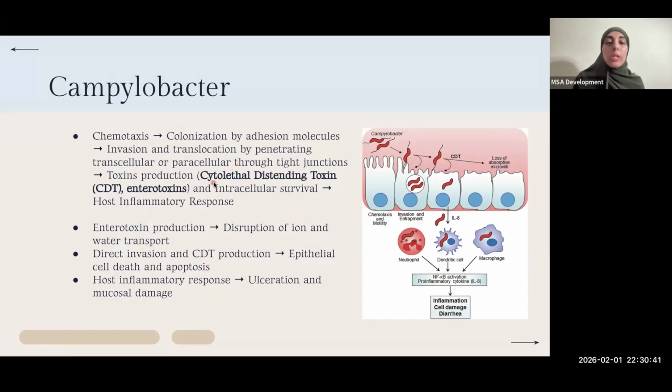From the name, cytolethal, so it kills the cells. It leads to cell death. And this is what would contribute to a bloody stool kind of appearance. And then finally, you have the host inflammatory response, leading to ulceration and mucosal damage. So three things: enterotoxin, CDT, which is the cytolethal distending toxin, and host inflammatory response.